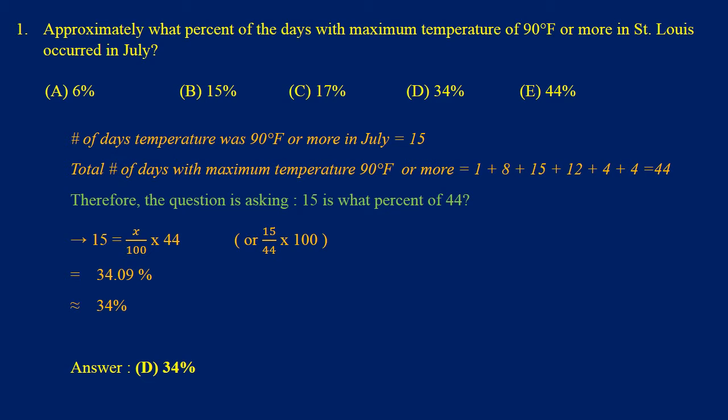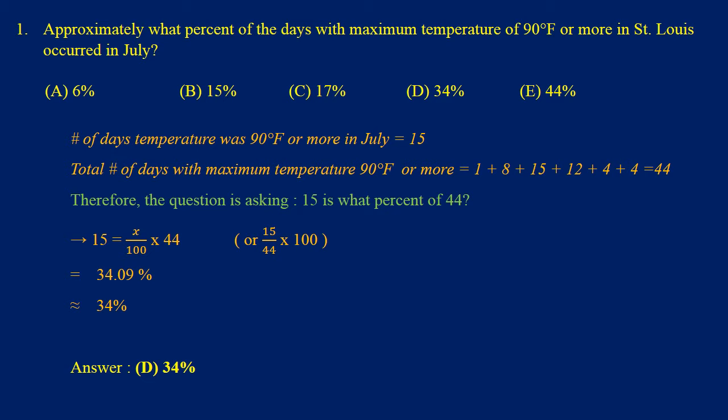Now, our first question says, approximately what percent of the days with maximum temperature of 90 degrees Fahrenheit or more in St. Louis occurred in July? Now, it's talking about the maximum temperature, so we're going to look at the second graph, right?